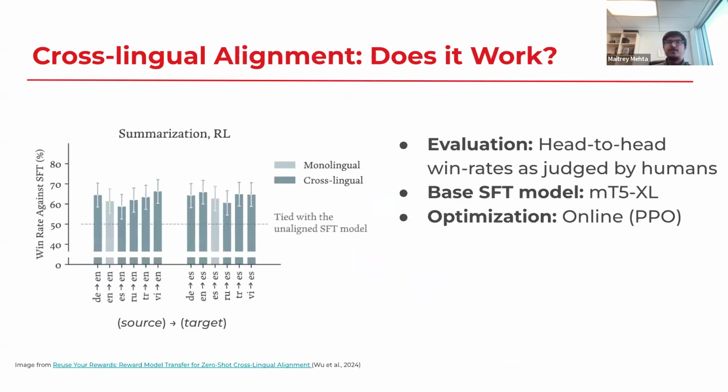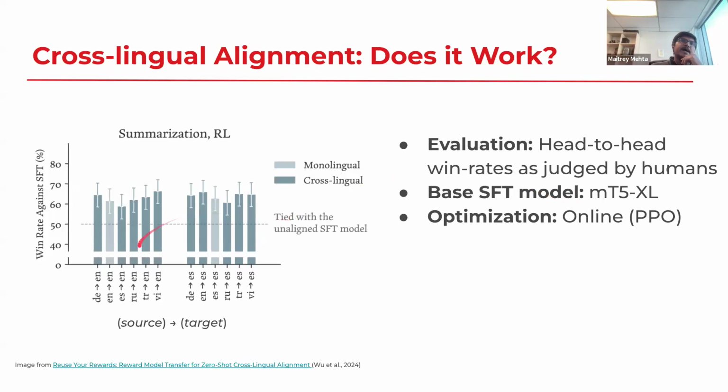So what did they find? They compared the generations of a post-aligned model versus a simple IFT model, a non-aligned model, and these were judged by humans. What is the head-to-head comparison between the aligned versus the non-aligned model?